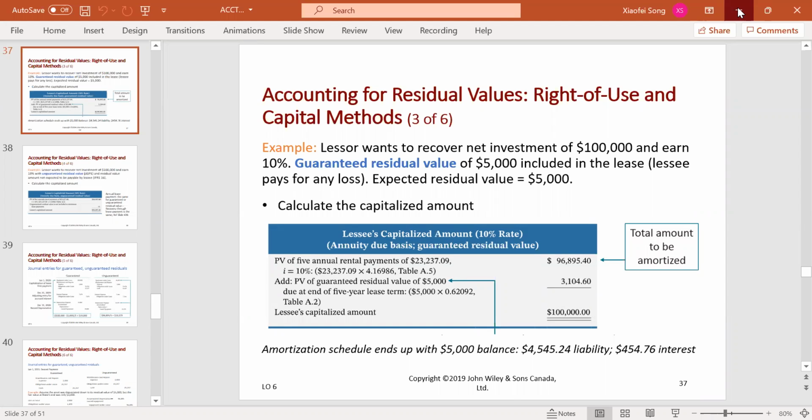That amount is based on this balance. You see the calculation is based on this balance, E6.